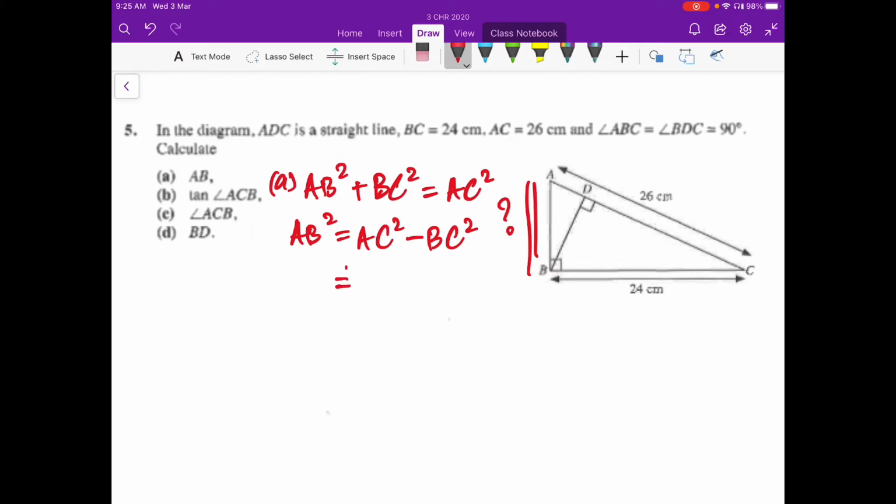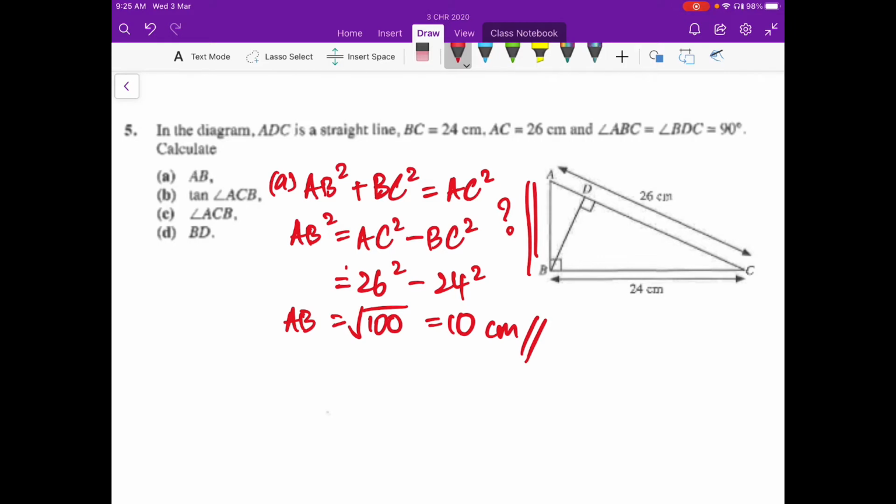So this is equal to 26 square minus 24 square. Then? Okay, Faisal, thank you. So that's for part A. Nothing to do with trigonometry. It is Pythagoras theorem, right angle triangle.